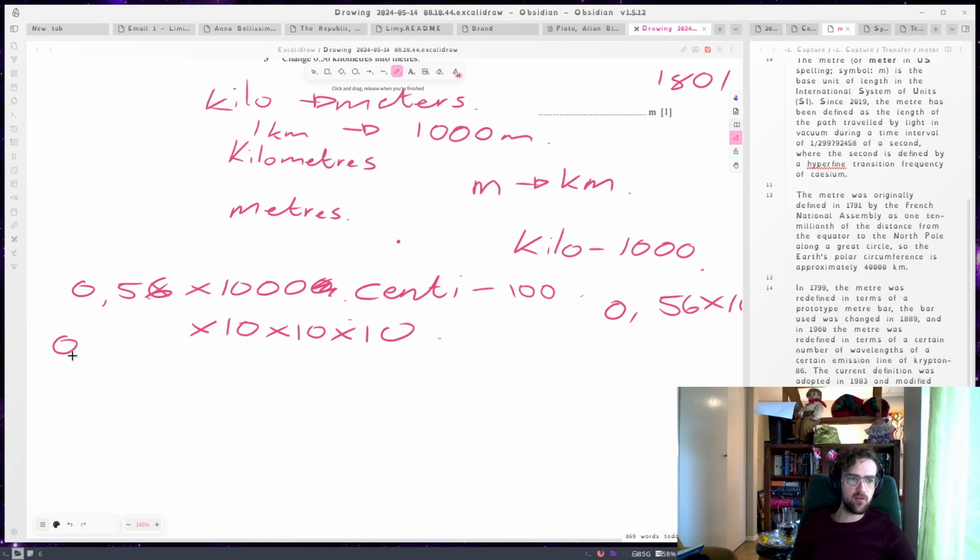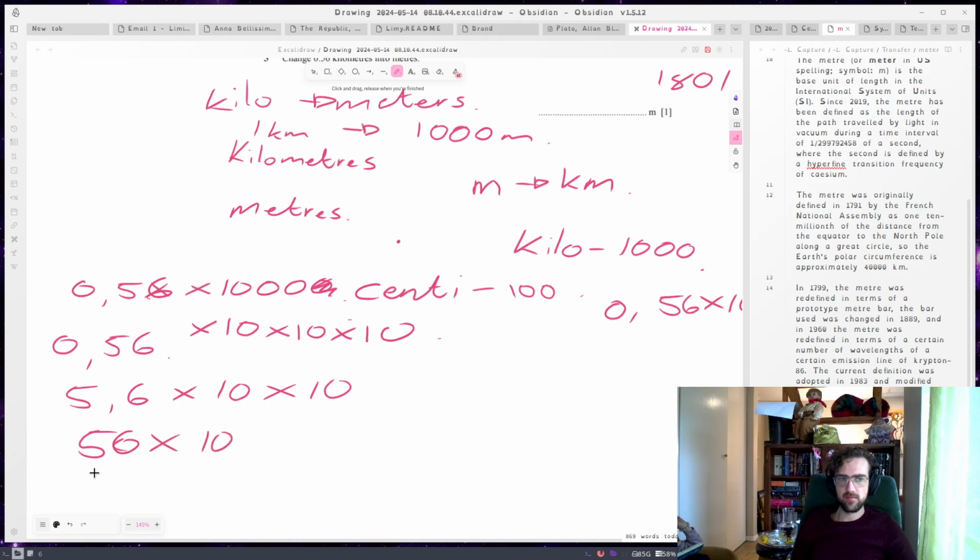Okay, so we've got 0.56 times 10, which is going to become 5.6 times 10 times 10. And 5.6, that's 56 times 10. And then we've got 560. And so therefore, we should put lots of equals signs there, actually. And then this we would actually usually put underneath. So it would be 560 meters. That would be our final answer.